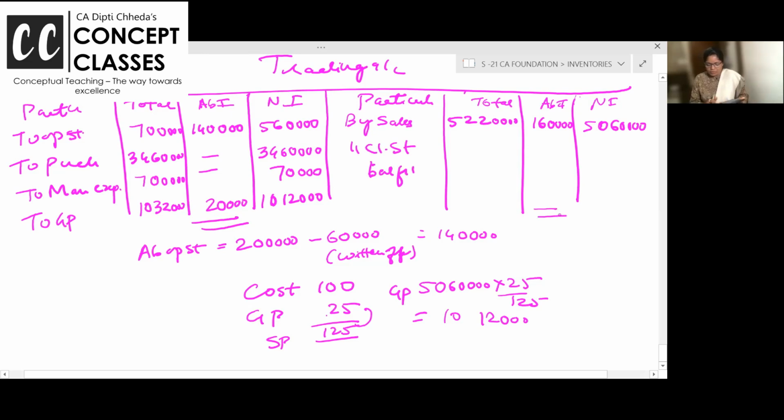Just check now how much you are getting the closing stock. 10 lakh 32,000 plus 7 lakh plus 34 lakh 60,000 plus 7 lakh. 58 lakh 92,000 minus 52 lakh 20,000. 6 lakh 72,000 is the closing stock.